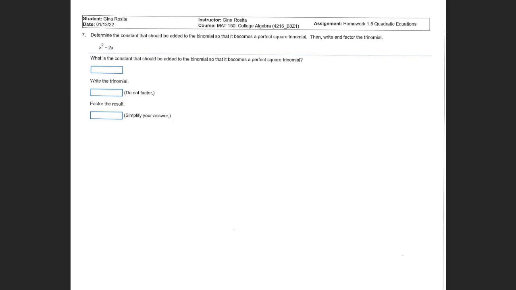It's the same, so I just write down again: x squared plus bx plus b over 2 squared equals x plus b over 2 squared. Now I need to write down the problem: x squared minus 2x. So we can see b equals negative 2.